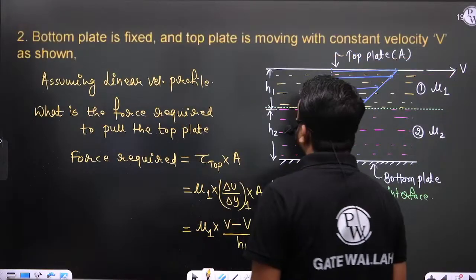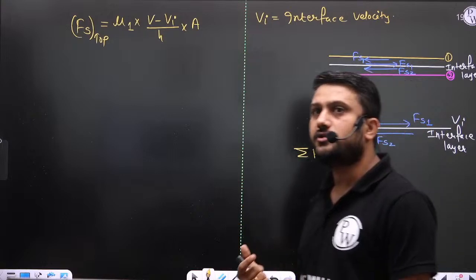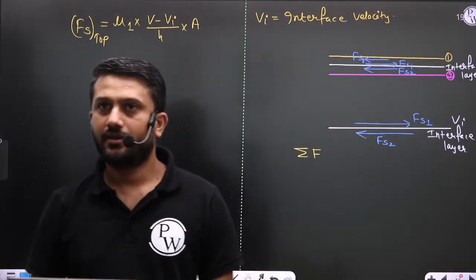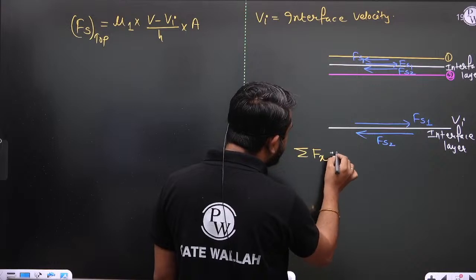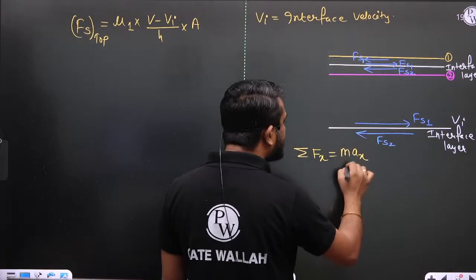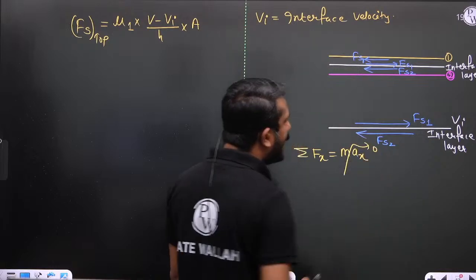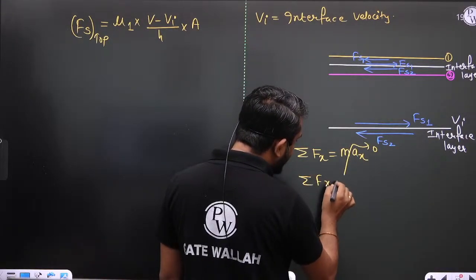Now we know that this plate is moving with constant velocity V. If velocity is constant, that means acceleration is 0. So summation Fx equals ma_x, and since V is constant, acceleration is 0, so simply summation Fx is equal to 0.